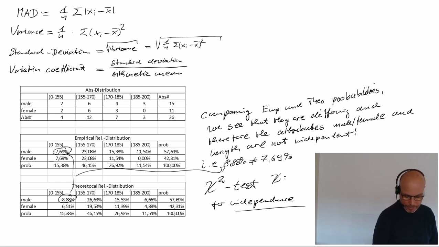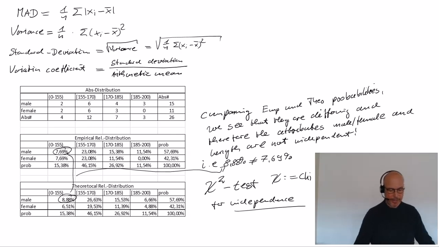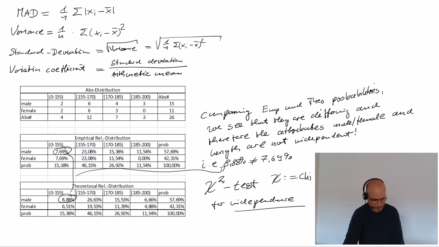This one is the Greek letter chi. Have you heard about this already? Chi-square test? No, then you will hear it here in this lecture.